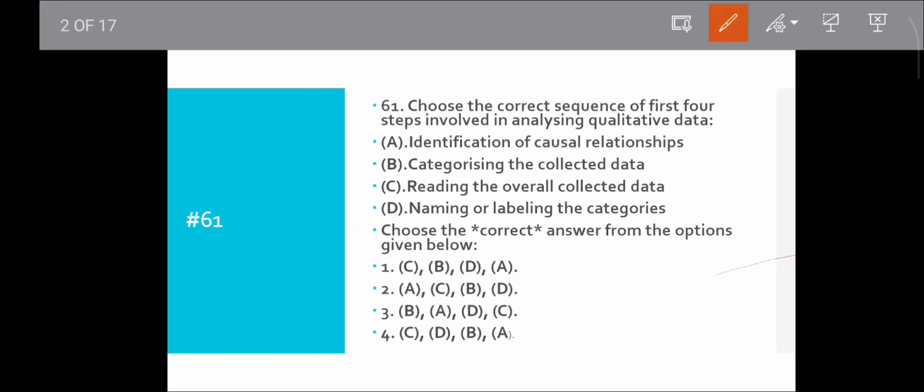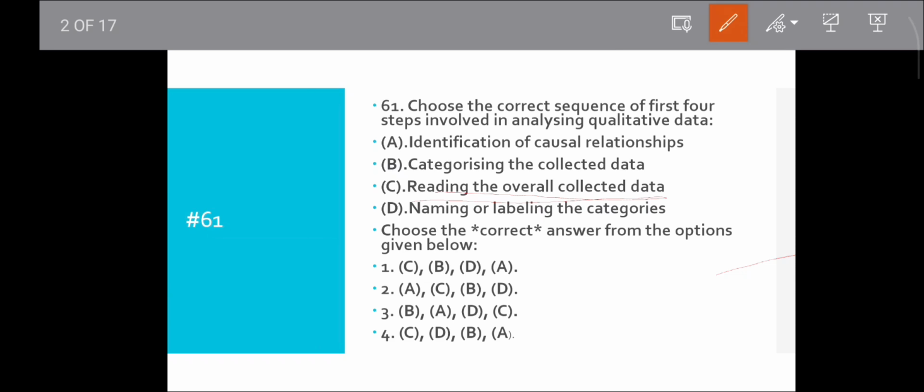Question number 61. Choose the correct sequence of first 4 steps involved in analysis of qualitative data. A said identification of causal relationships. B said categorizing the collected data. C said reading the overall collected data. D said naming or labeling the categories.